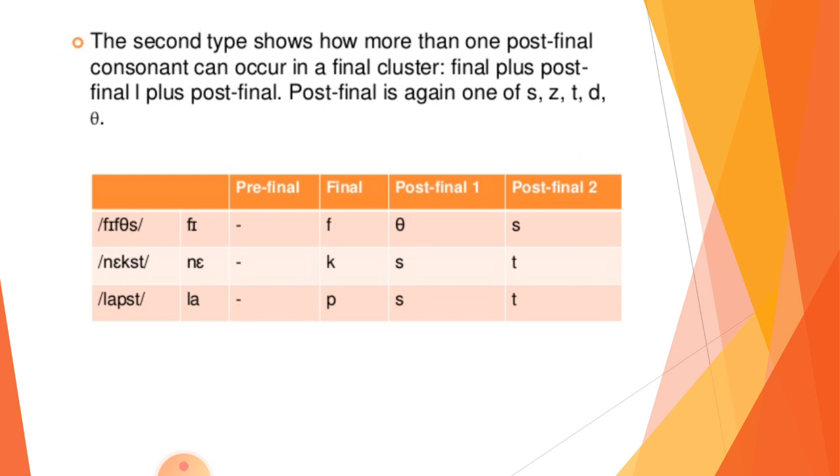Post-final is again one of S, Z, T, D. Here two post-finals occur, two post-final consonants in a final cluster. Examples: lapsed, next, fifth.